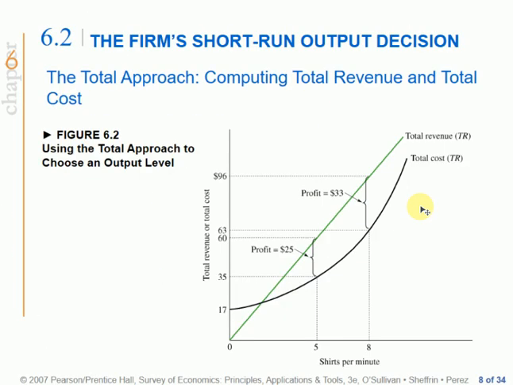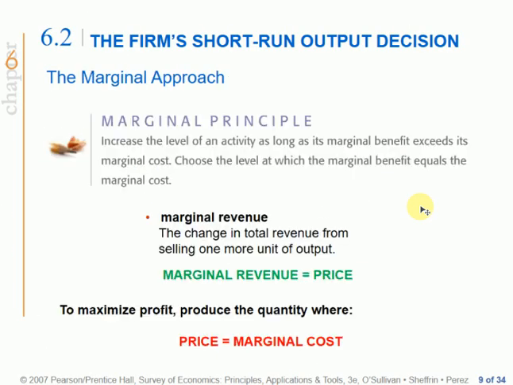This is marginal revenue. The marginal revenue of a perfectly competitive firm is equal to the market price. So, to maximize its profit, a firm operating on a perfectly competitive market will always produce the quantity where the market price is equal to the marginal cost.